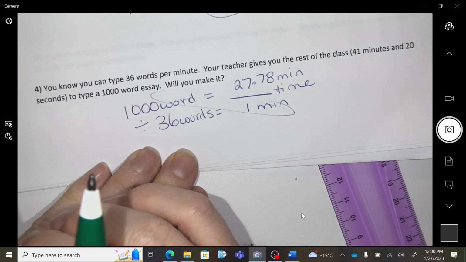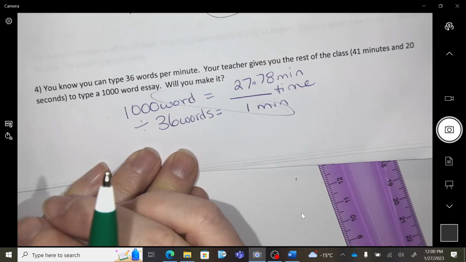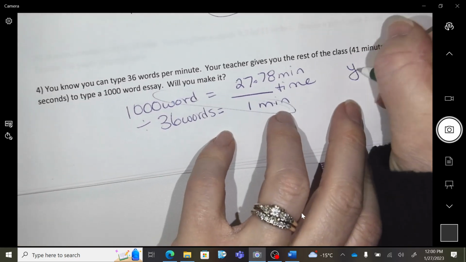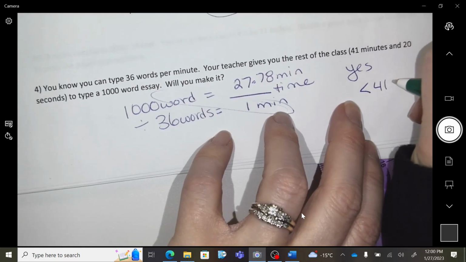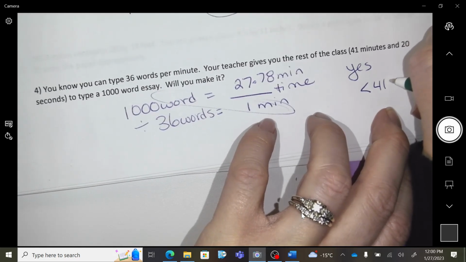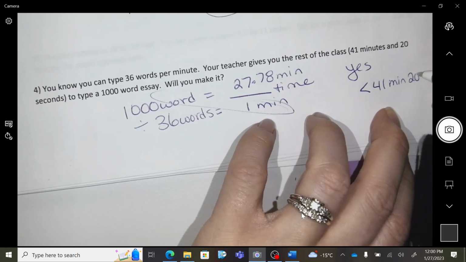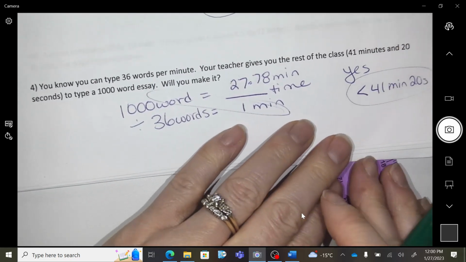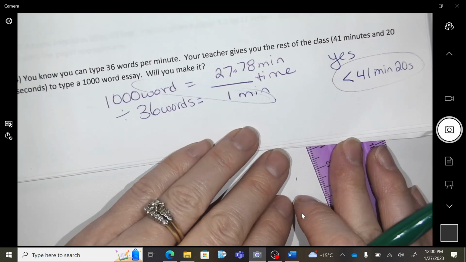So will you make it? Yes, because you're under that time. So yep, it's going to be okay.